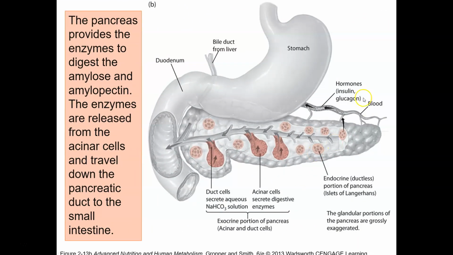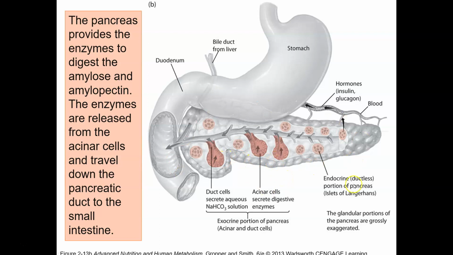So I showed you this figure before too. So again, our chyme arrives from the stomach to the small intestine. And now we need another sort of batch of amylase. Remember, we had salivary amylase, but it was killed in the stomach. So now we have a different source of amylase, and that comes from the pancreas. So that's pancreatic amylase.